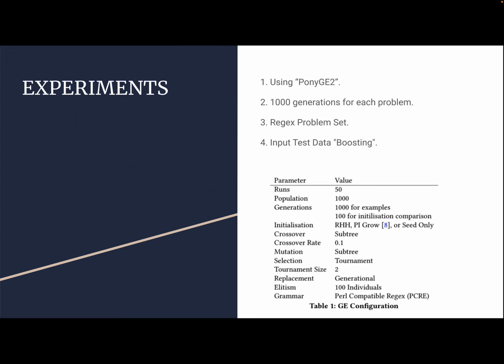All experiments use PonyGE2 with experimental parameters as summarized in Table 1. They constructed and conducted a single run of 1,000 generations for each problem to find some interesting background examples of their regexes.